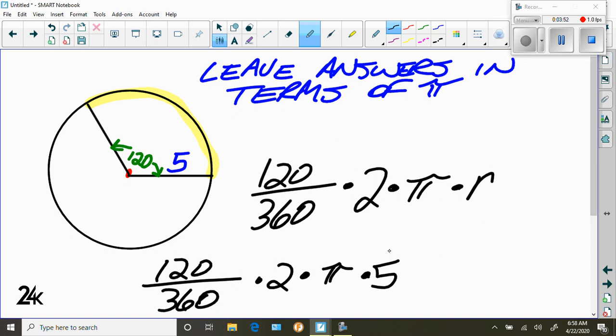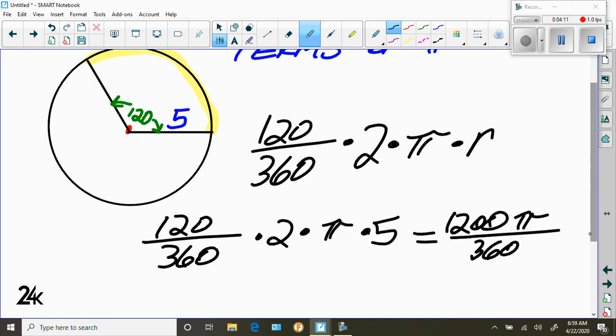So that's 10, which means this is 1200 pi over 360. And now all I do in my calculator is take 1200 divided by 360.